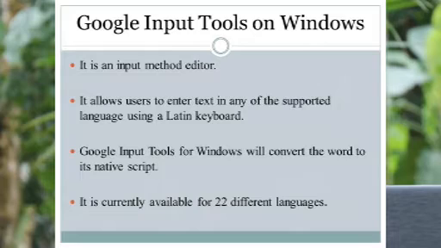Google input tools on Windows. Okay, page number 339. What is Google input tools on Windows? Actually Google input tools for Windows is an input method editor which allows users to enter text in any of the supported languages using a Latin English keyboard.